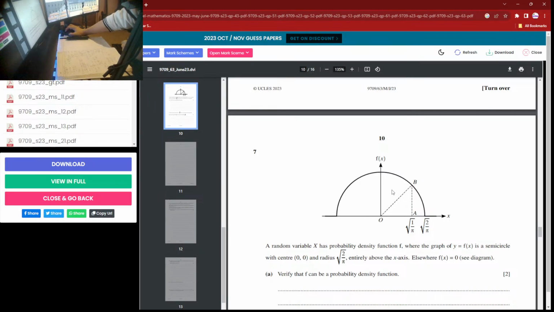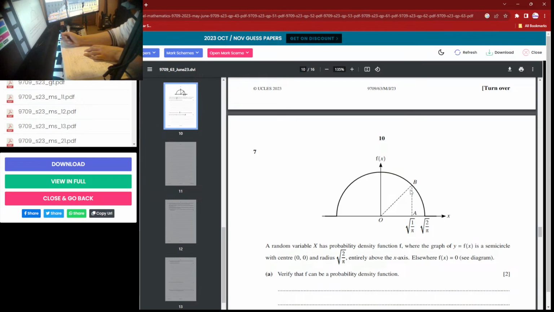Okay. So that means that this is also root 2 over pi, because the radius is still this. So therefore, we would use the adjacent and the hypotenuse, and we would have cos theta is equals to adjacent over hypotenuse, so you would have root 1 over pi over root 2 over pi.